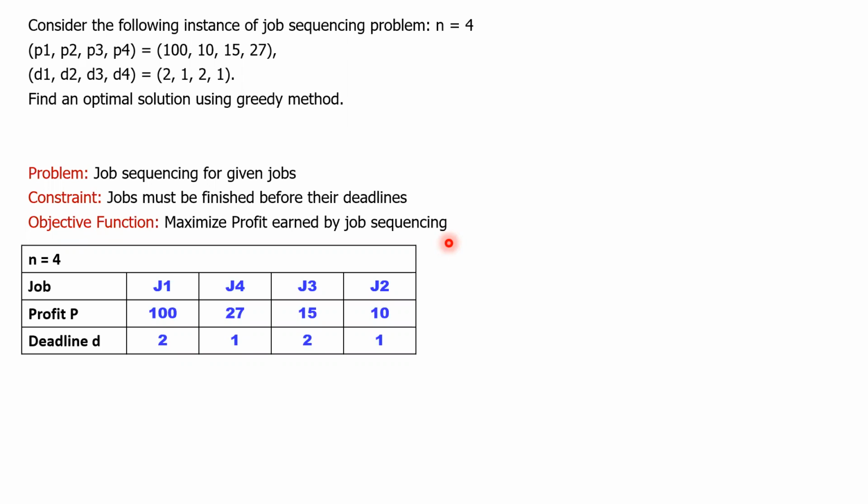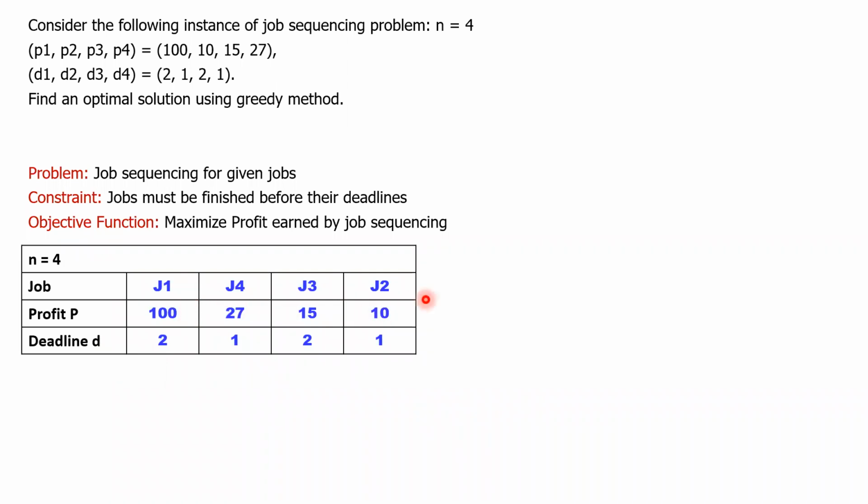So I have tabulated the given problem here, where the number of jobs is 4. For each job, I have given a name: J1, J2, J3, and J4. For each job, there is a profit and there is a deadline. Now I have reordered these jobs. Actually, the jobs given are J1, J2, J3, and J4.